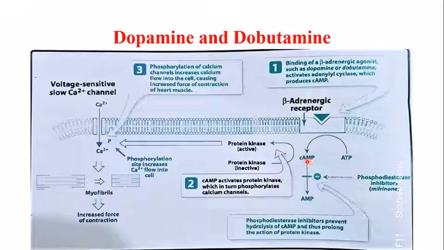Cyclic AMP activates protein kinase. This protein kinase causes phosphorylation of the calcium channels.